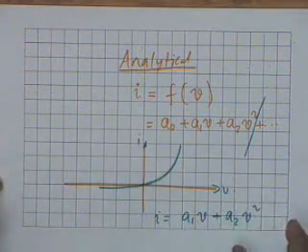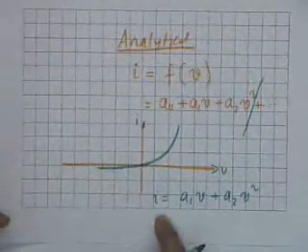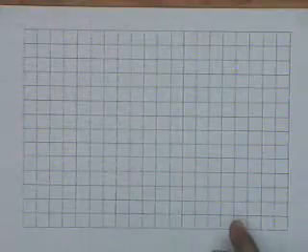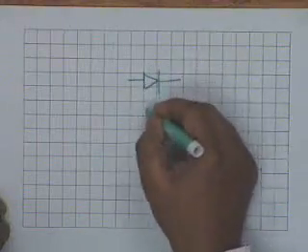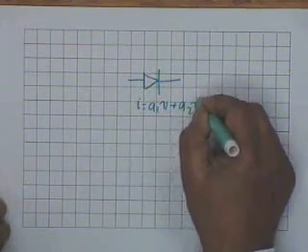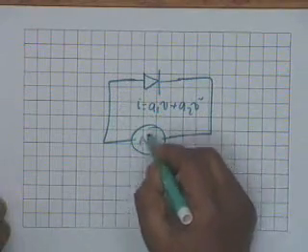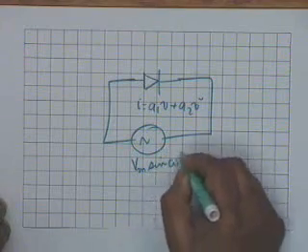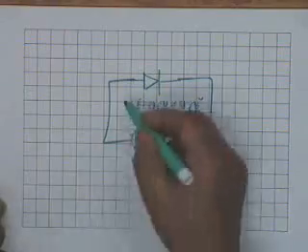Suppose to this diode, which is approximated by a quadratic characteristic like this, you apply a sinusoidal voltage, that is, a voltage source which is Vm sine omega t. What would be the current?